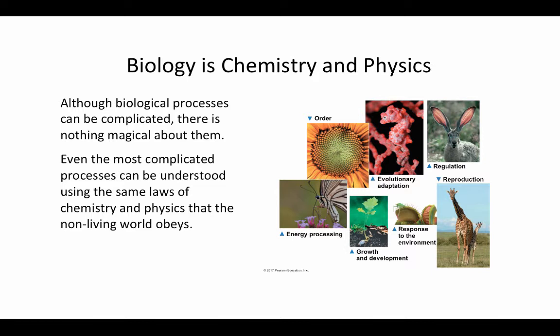It can be very, very complicated, but there was really nothing magical about them. It's basically a lot of really complicated molecules doing what those molecules do naturally in the non-living world. So even the most complicated processes can be understood using the same laws of chemistry and physics that rule the non-living world, with some special conditions, as we'll see as we go through the semester.